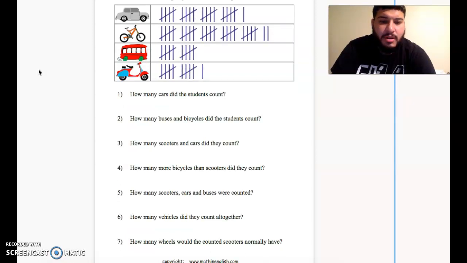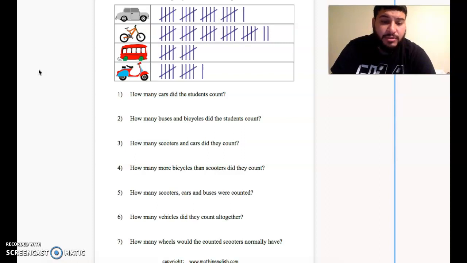Number 4. How many more bicycles than scooters did they count? Number 5. How many scooters, cars, and buses were counted? Number 6.